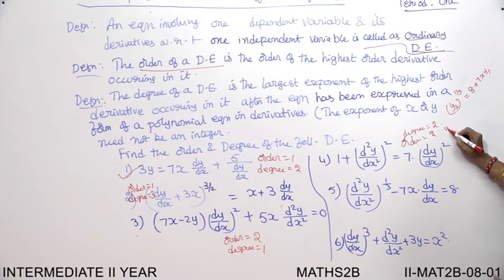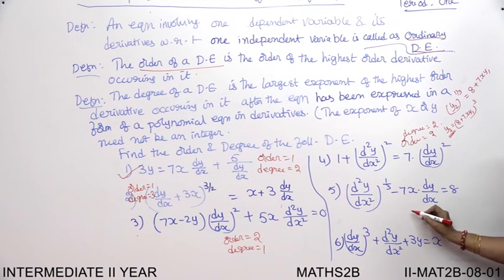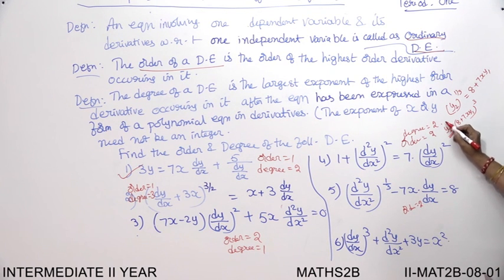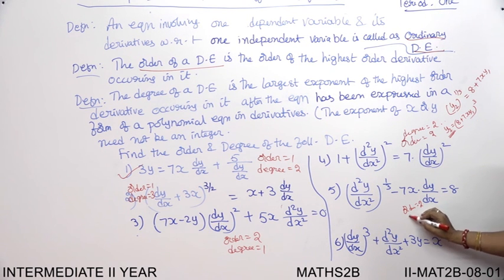So you will write y2 is equal to (8 + 7xy1)^3. So what is the highest order derivative? That is the second order derivative, so the order is 2. And what is the highest power of it? 1, because this is the lowest order derivative in the bracket. So the degree is the power of this y2, that is 1.